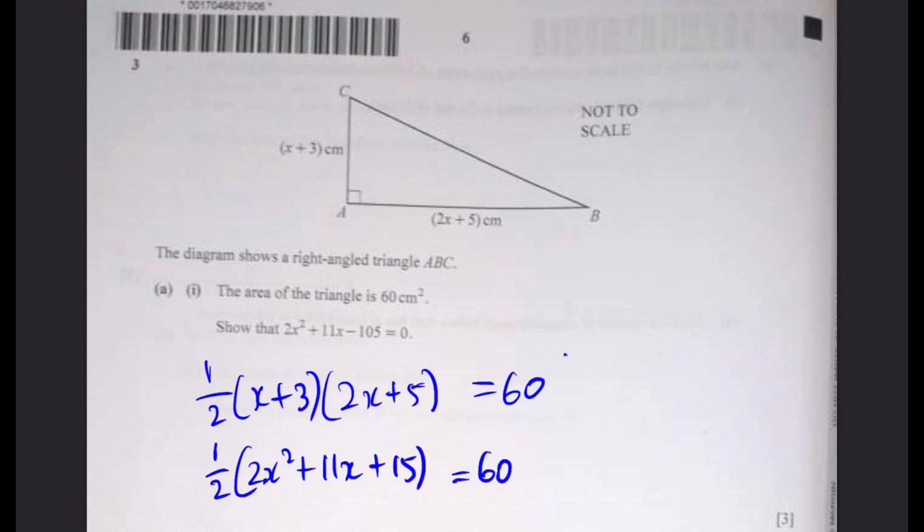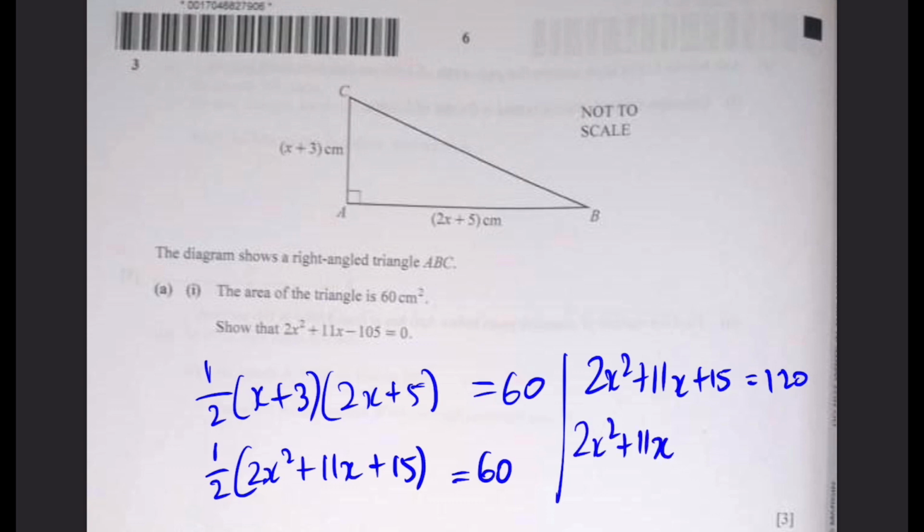We can bring half to the other side, meaning that 2x squared plus 11x plus 15 equals 120. And that means 2x squared plus 11x minus 120 plus 15, which is minus 105, is equal to 0. And that is what we needed to prove.